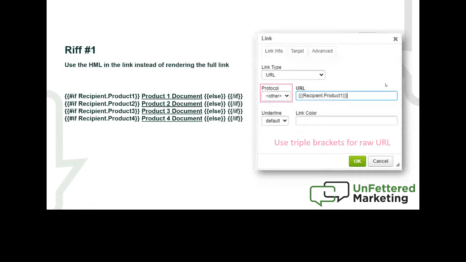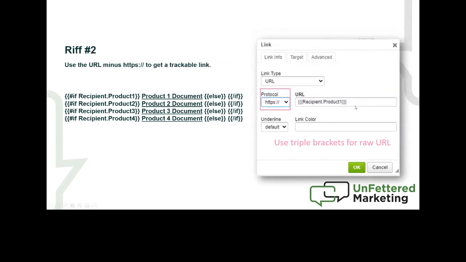So you can render the full link, or you can not render the full link, and you can get a non-tracked version if you just render this protocol as other and put in the full URL. There might be a reason why you don't want to track somebody clicking on the link, because it's something you don't care about tracking. So you can get a non-trackable version of your link by using this protocol other versus using the HTTPS to get a trackable version.